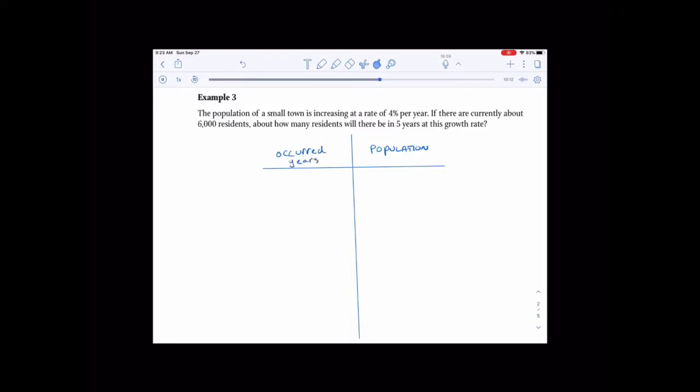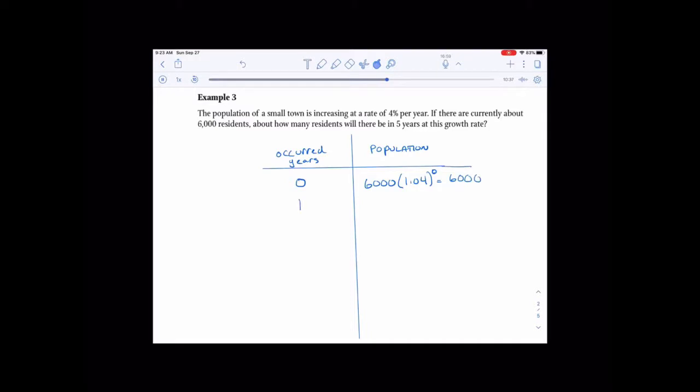So at 0 years, to begin with, we would have 6,000 multiplied by 1.04, because we're increasing by 4%. And we are going to raise that to the 0 power, because we're talking about times 0. 1.04 raised to the 0 power is 1. So we are left with 6,000 multiplied by 1, which is 6,000.